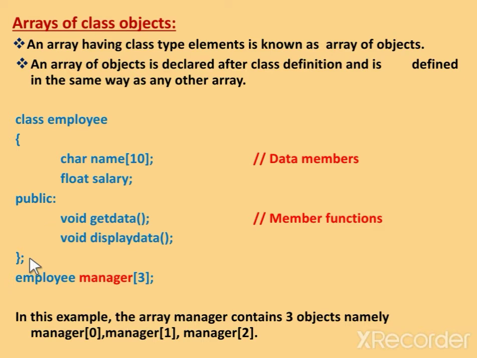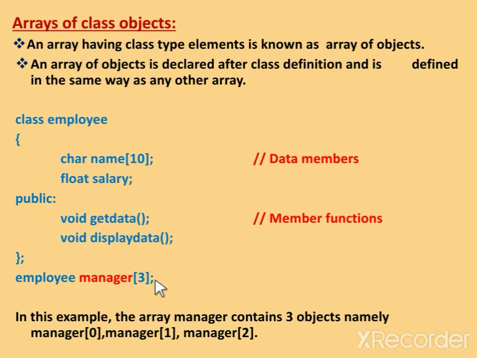Close the curly bracket and terminate it with a semicolon. The array of objects is declared after the class definition: employee manager[3]. This is an array of objects. The array manager has been declared as an object array of size 3.